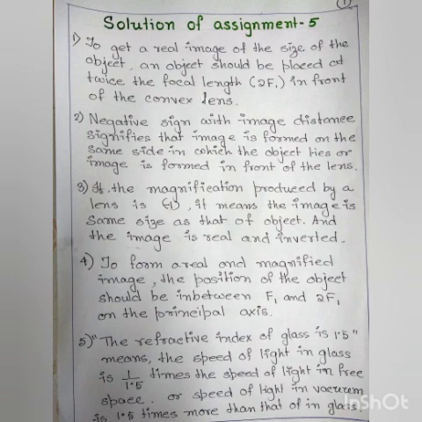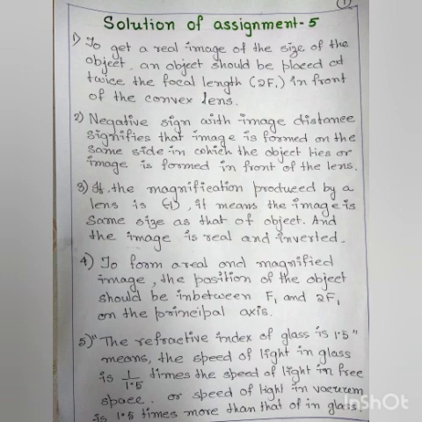So it doesn't matter left or right. You have to consider the position of the object. For this negative, the position of the image will be also on the same side.